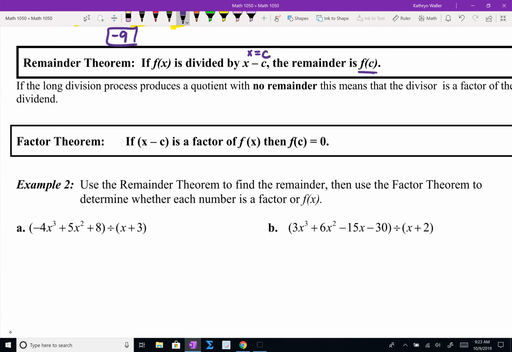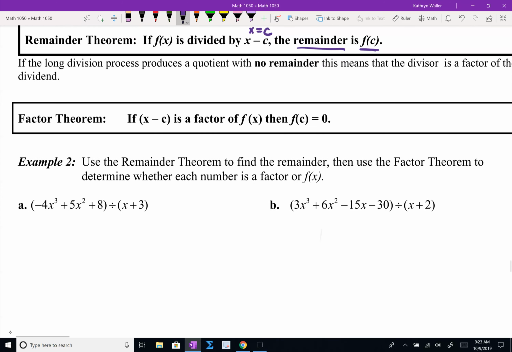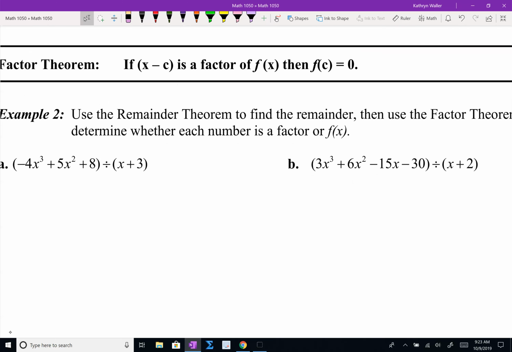And then if you plug c in, then you get the remainder. The next one is, if x minus c is a factor, if you solve that for x, you would get x equals c. And then when you plug c in, the remainder is 0. So if anything's a factor, when you plug it in, you get a 0. You know it's a factor, okay?